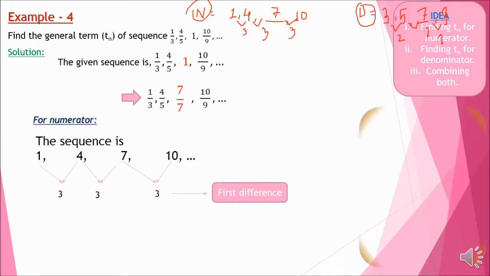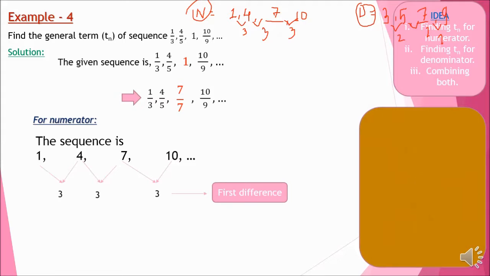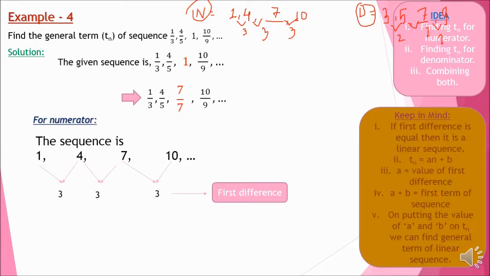The first differences are equal. Now if the first difference is equal, then it is a linear sequence. So for a linear sequence, our Tn is equal to an plus b.